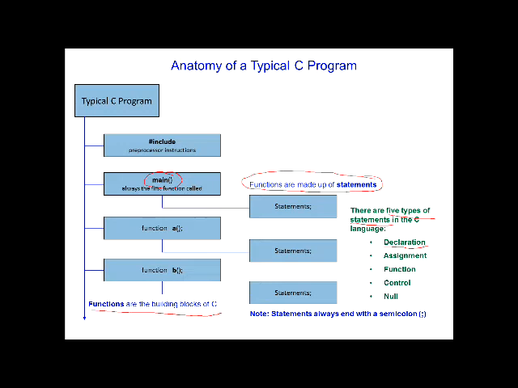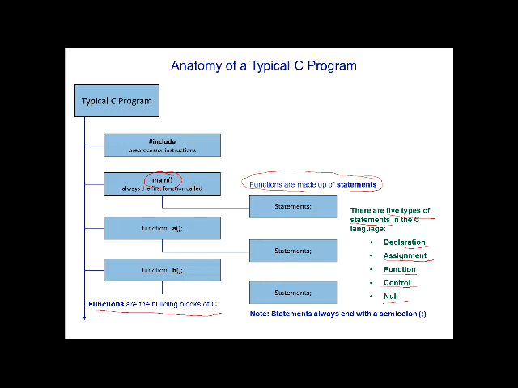We have assignment, where we can assign particular values to variables. We have functions, as we saw earlier, because they're the basic building blocks. And then we have control statements, such as loops, a for loop, and others which we won't worry about.